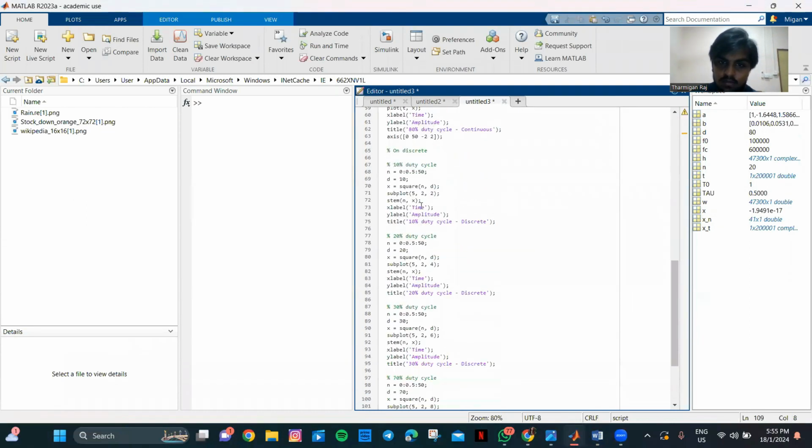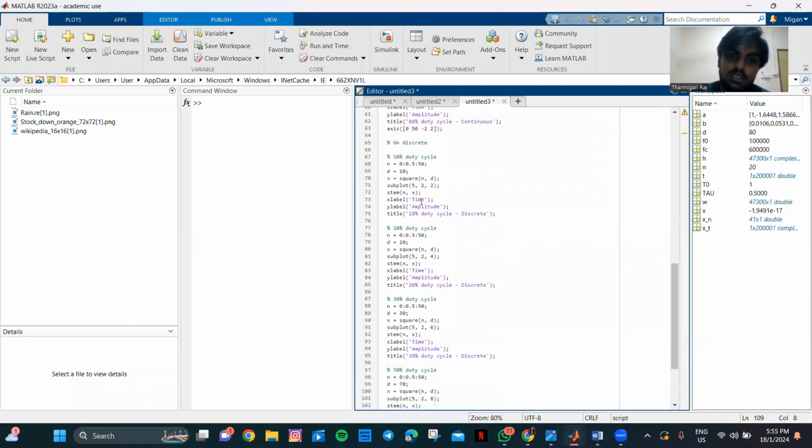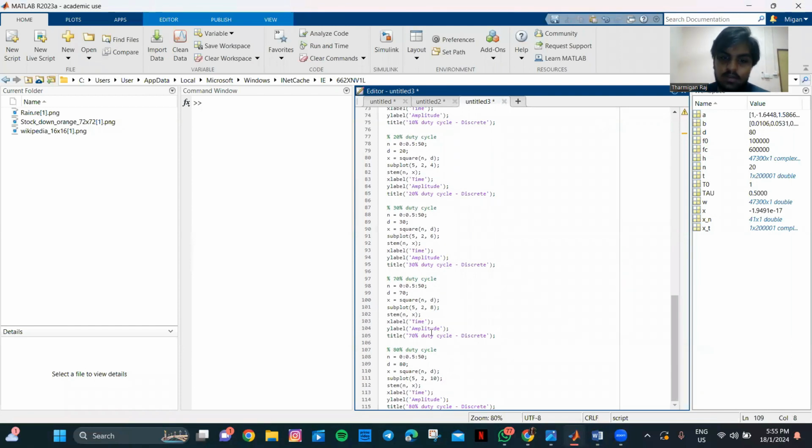This part is the discrete signals, the output of discrete signals for 10%, 20%, 30%, 70%, and 80%.